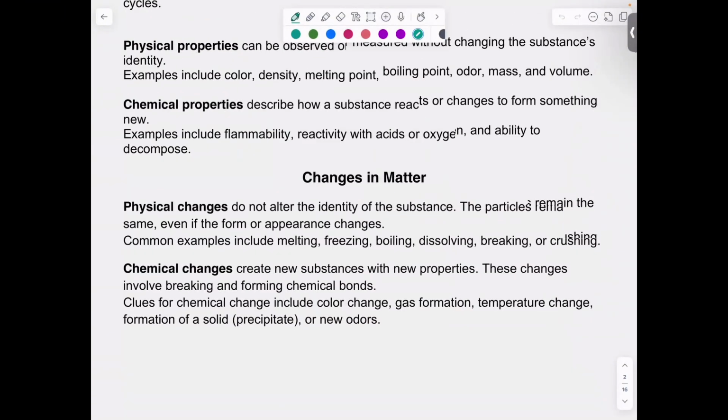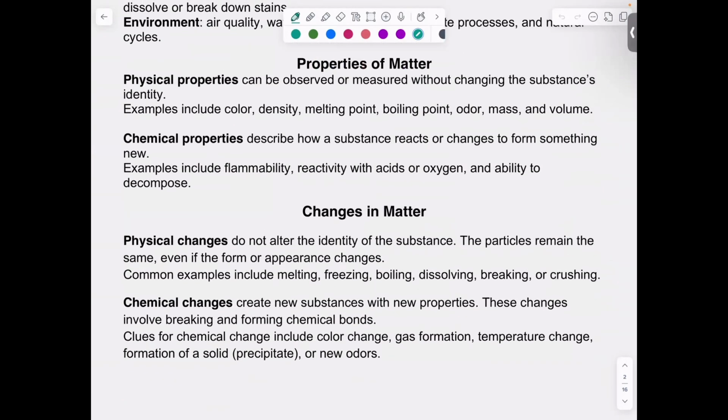So back to the top here again, we'll just discuss really quick what physical properties and chemical properties mean in a general sense and the types of questions you might see. So physical properties are basically observational, and when you measure these properties, they don't change what the substances are by identity. So things like this include color, density, melting point, boiling point, odor, mass, and also volume.